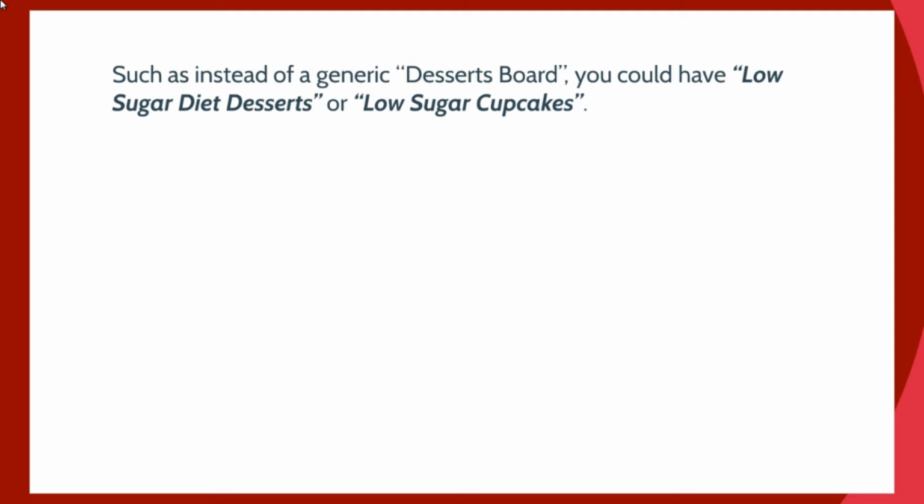But that's how you can essentially attract people who are in a very specific frame of mind. And that is how you will be able to convert people better on Pinterest. So I'm going to break it down. I'm going to dive in a lot more depth in future videos. But this is more of an overarching view of what we'll be talking about later on.